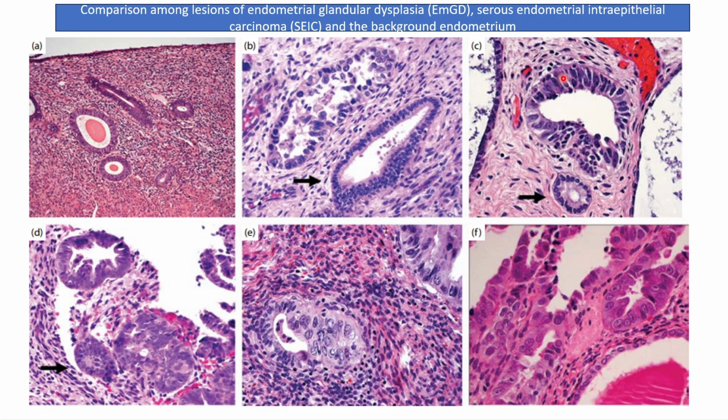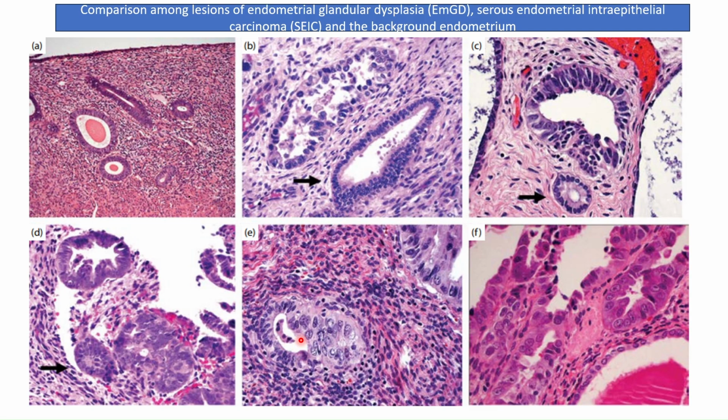Here also this gland shows mild to moderate atypia with hyperchromasia, columnar looking nuclei, some hobnailing, loss of polarity. So again, same features in section B. So these are the EmGD pattern.